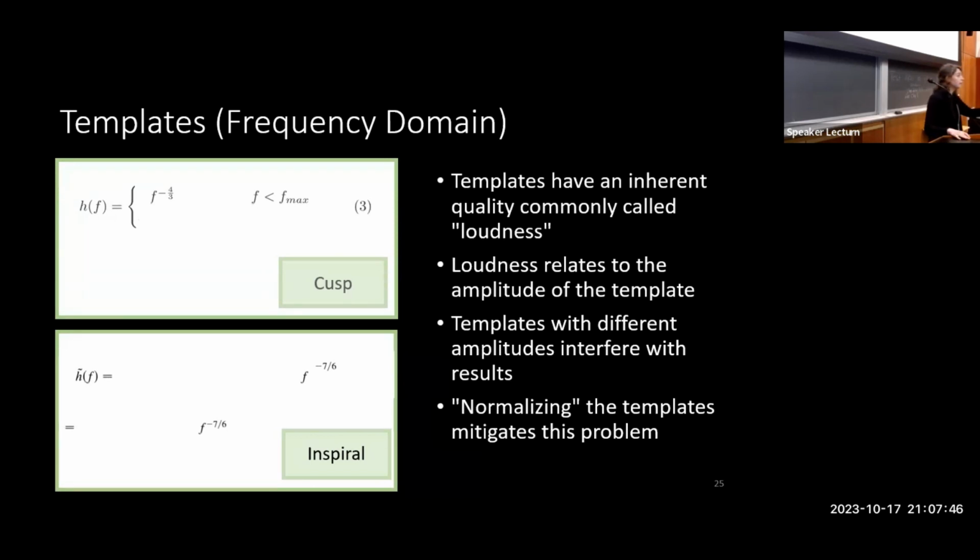For example, I'm only using the in-spiral part, but there's a whole ring down that is also associated with CBCs. So it's possible that not having that ring down, they could have very similar beginnings to the gravitational waves, but that ring down could have an effect on our ability to detect it.